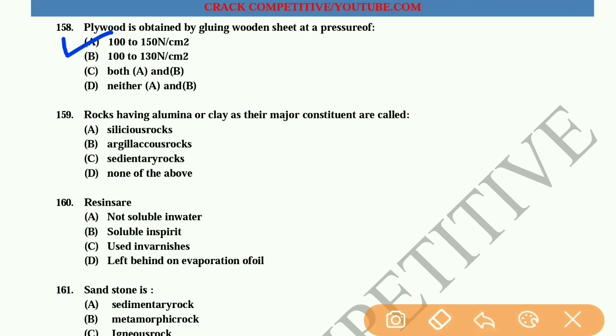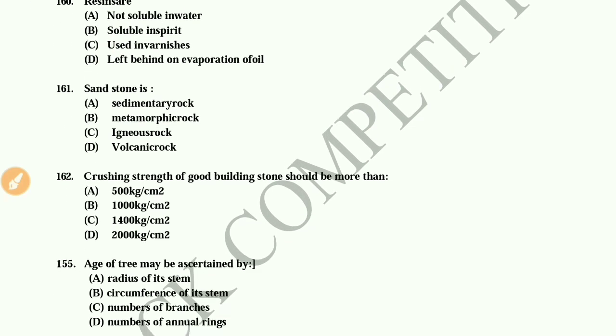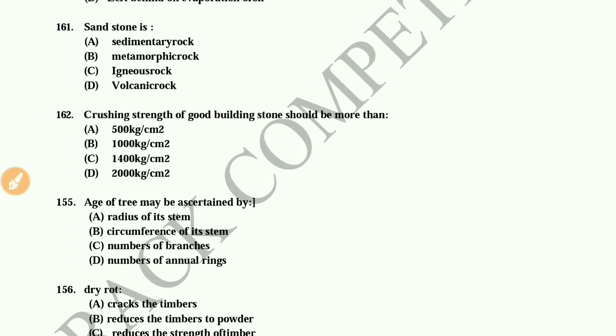Rocks having alumina or clay as their major constituent are called argillaceous rocks, option B is the right answer. Resins are used in varnishes, so option C is right. Sandstone is a sedimentary rock, so option A is right.